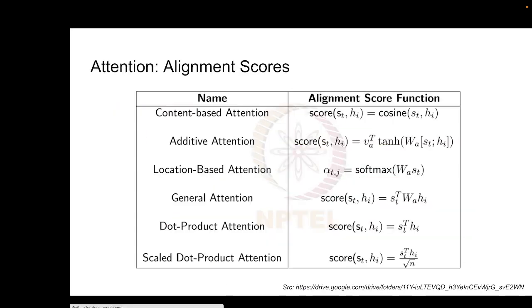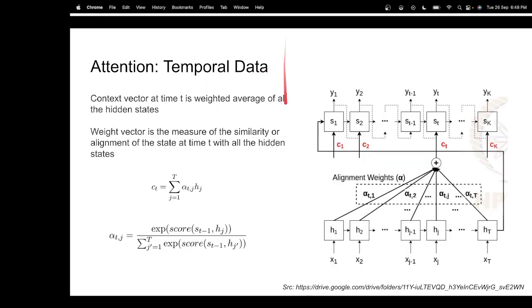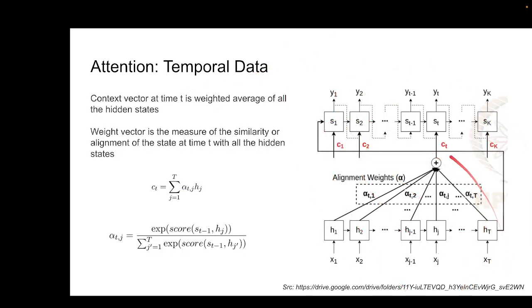But note that when we were doing this sort of attention, we were in the decoding space, calculating the similarity between some vector in the decoding space and some other vectors in a totally different encoding space.